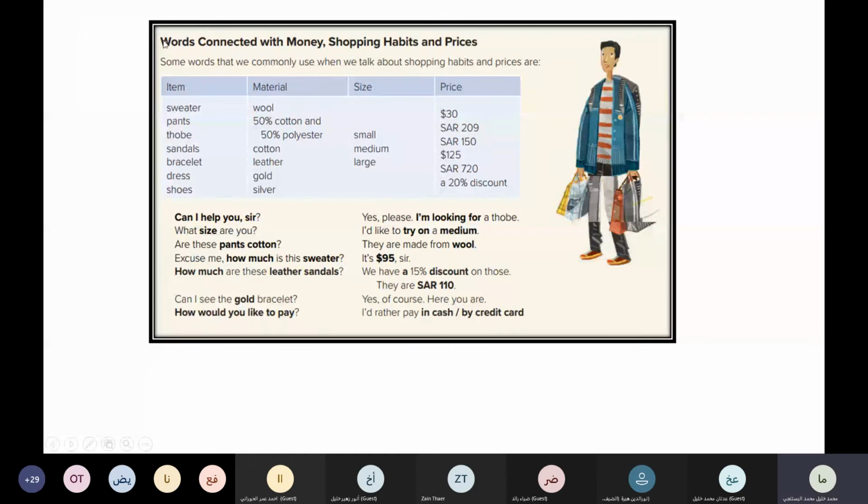Now here we have words which are connected with money, shopping habits, and prices.